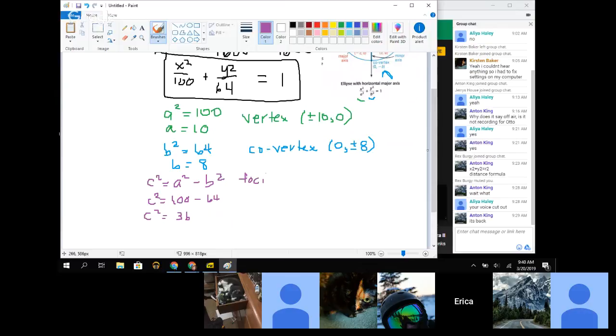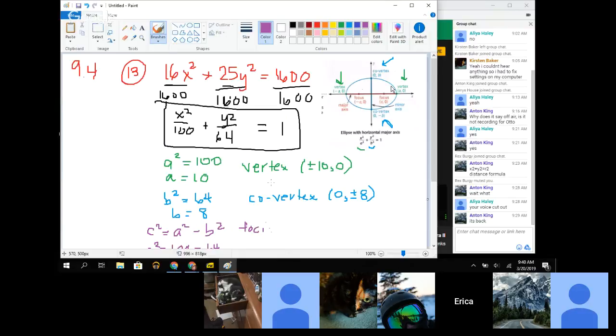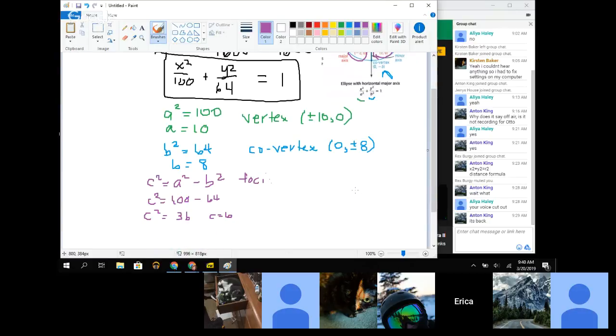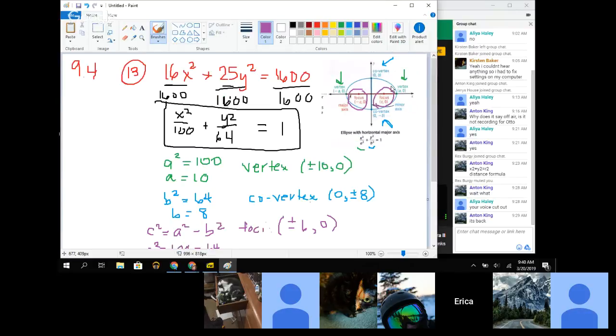And that means that c equals the square root of 36, which is 6. So my foci are on my major axis, which is my horizontal axis, and they are at negative and positive c, 0. So my foci are at plus or minus 6, 0. So for such a crazy looking equation, it actually doesn't look too bad, right? So those are all my points.